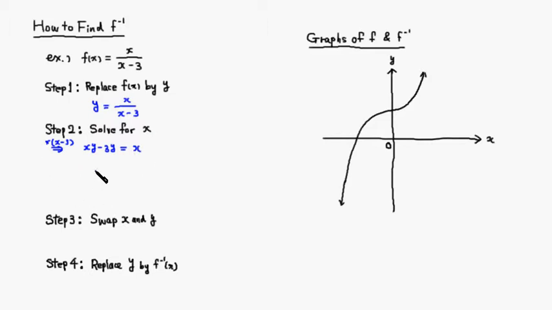Then the next move would be to put all the terms that have x on the left and everything else on the right. So this guy is x, so I'm going to put it on the left-hand side, and negative 3y doesn't have x, so I'm going to put it on the other side.